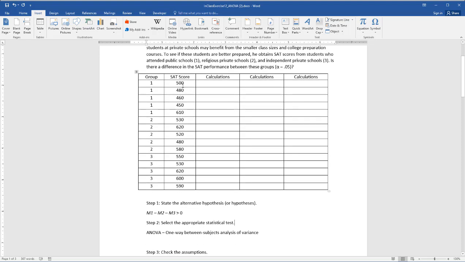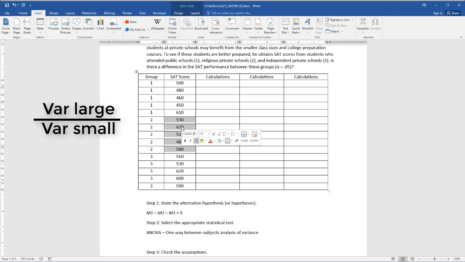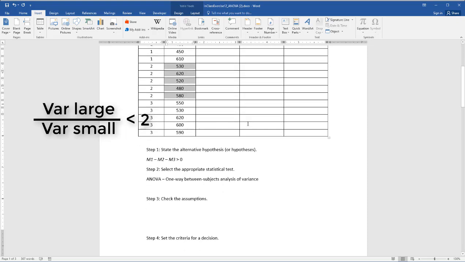As a rough estimate, once we get the variance, we could compare variance for group 1 to group 2, for instance, and then we could see, is the ratio between them greater than 2? And we would only need to do that for the largest variance and the smallest variance. As long as the ratio of the largest variance divided by the smallest variance is less than 2, it would suggest that we have met that assumption of homogeneity of variance.